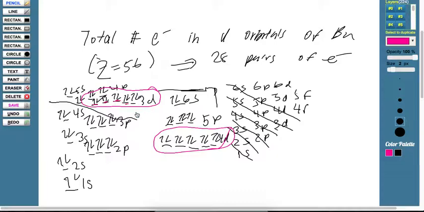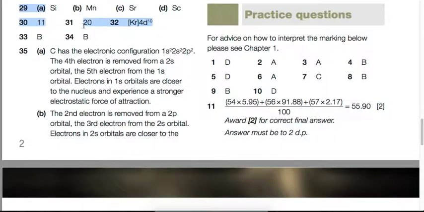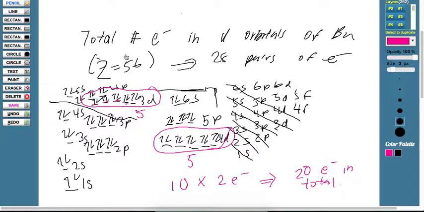We have 5 orbitals here and 5 orbitals here, so we have 10 orbitals. And how many electrons per orbital? Times 2 electrons per orbital gives us 20 electrons in total. We can go ahead and check that answer. And yes, it's 20. So that's the answer to that question.